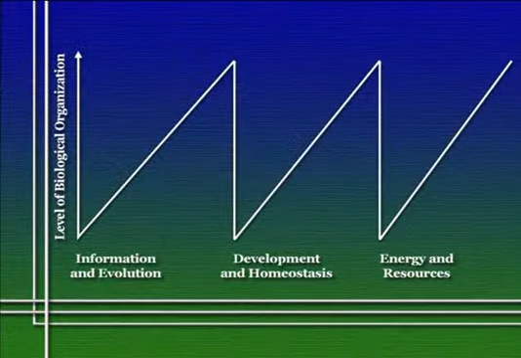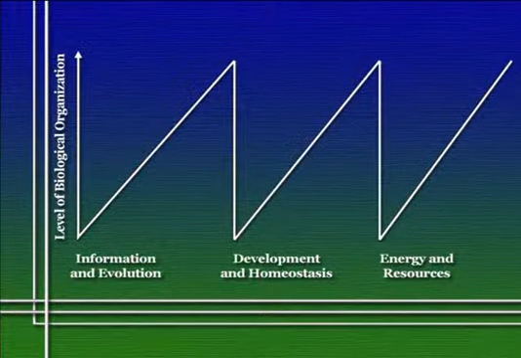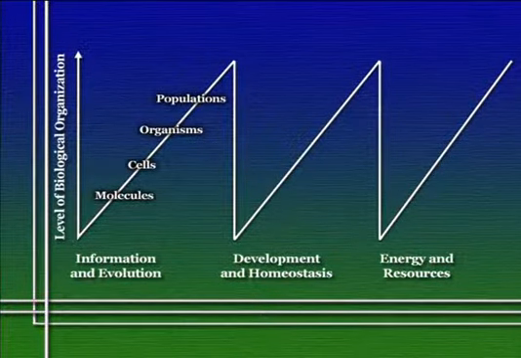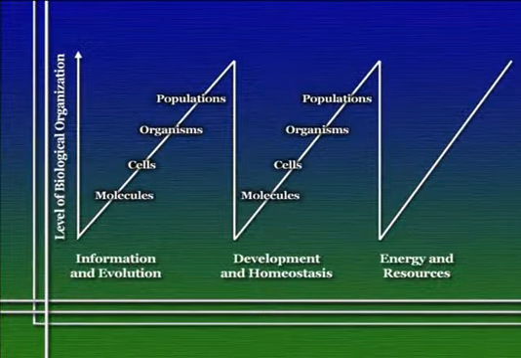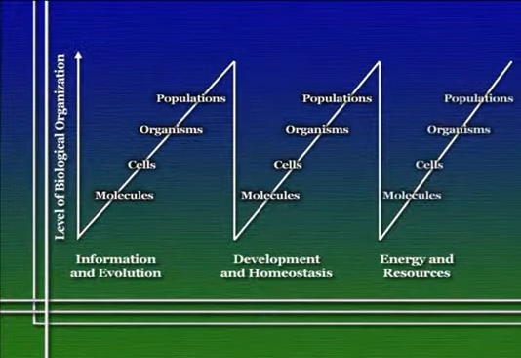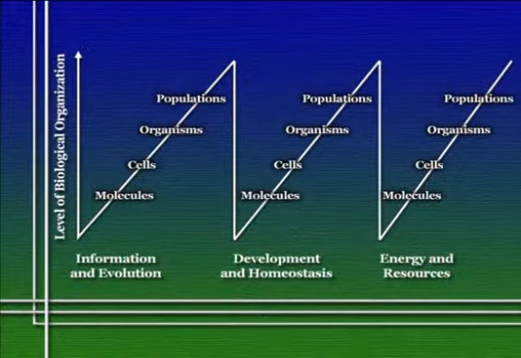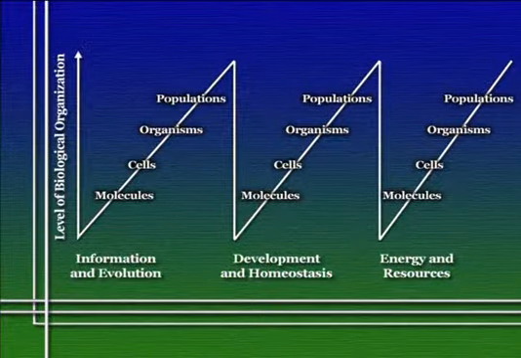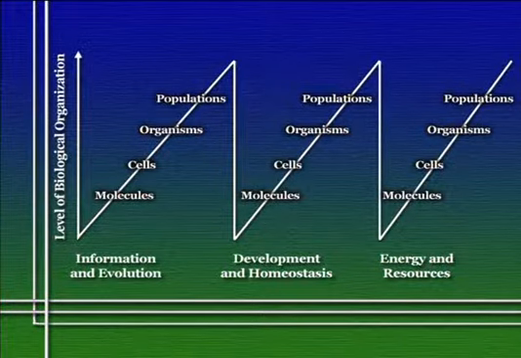Each sawtooth would represent one of the three main conceptual themes of the course. And within each theme, we begin at the molecular level and then move ourselves through progressively higher levels up to the levels of cells, organisms, populations of organisms, and so forth. As we begin each thematic section of the course, we drop down again to the lowest level of organization in this hierarchy and begin the progression all over, considering it now, however, from a different conceptual point of view.